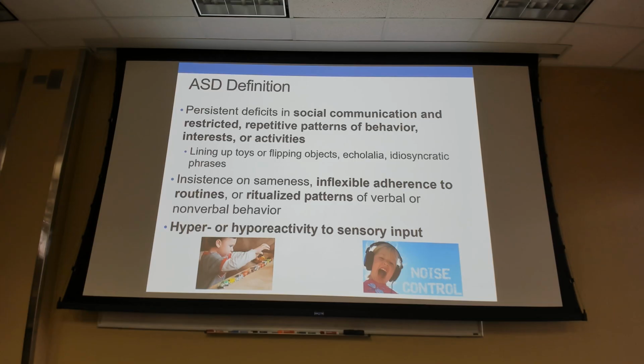So if you see questions or if you see families, the kind of stereotypic thing will be they have a specific interest in a specific toy, lining them up, repeating, so there's echolalia where they are just parroting back what you were saying. Outside of that kind of 9-month range where you would expect them to do that, they're doing this continuously.